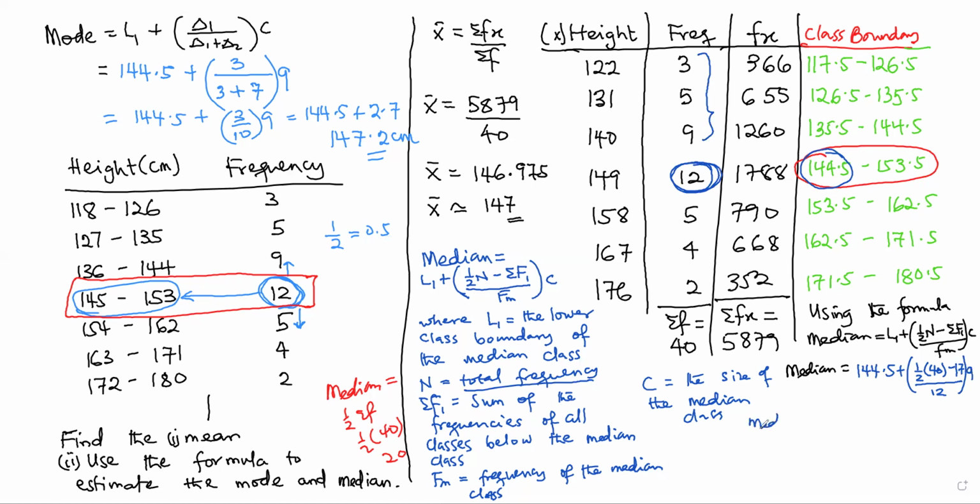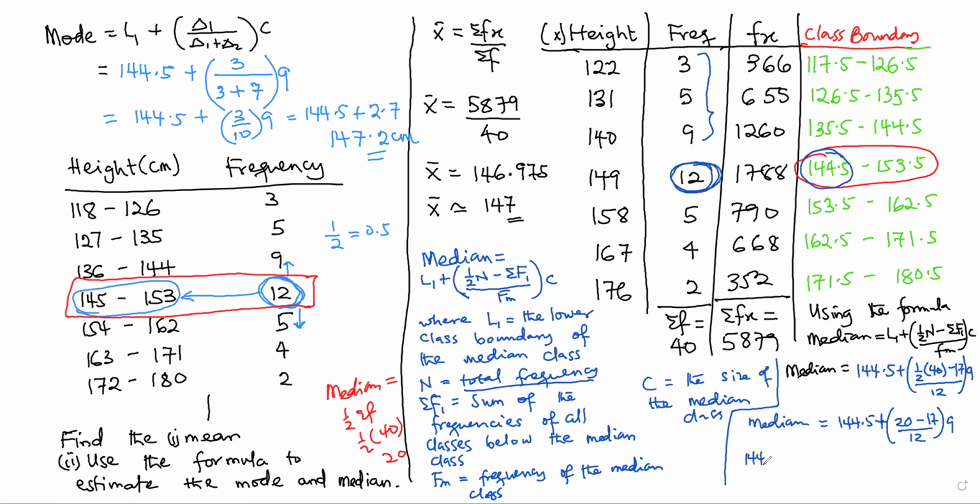So the median will be equal to 144.5 plus half of 40 is 20 minus 17 divided by 12 times your 9.